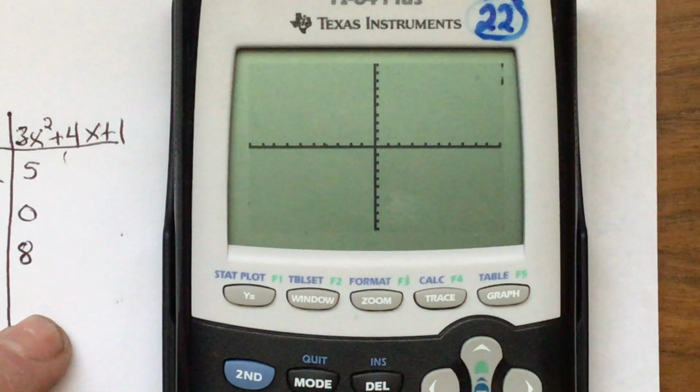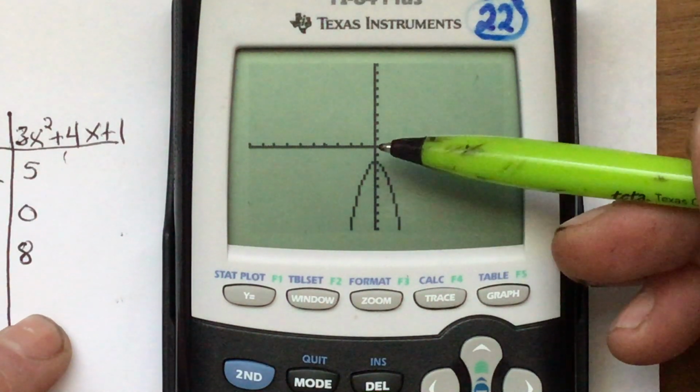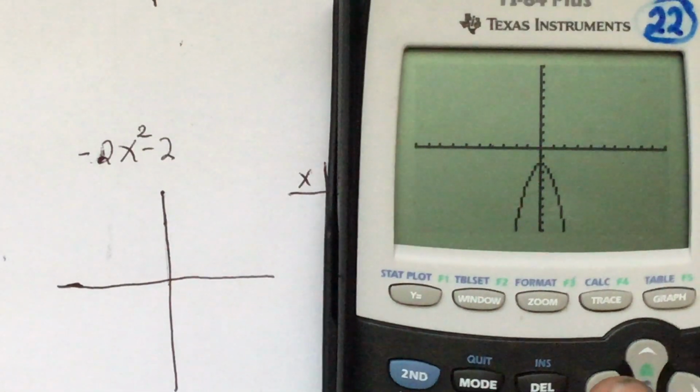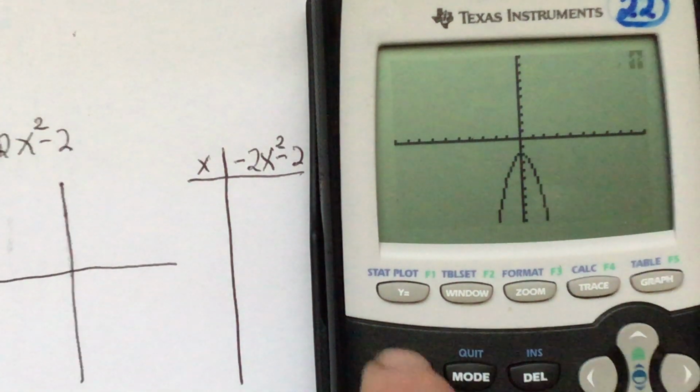Graph. Well, looks like this one is centered on the y-axis again, so 0 is going to be one of my numbers. I know what it looks like now, so let's just go ahead and go to the table so we can make our table. Second graph.